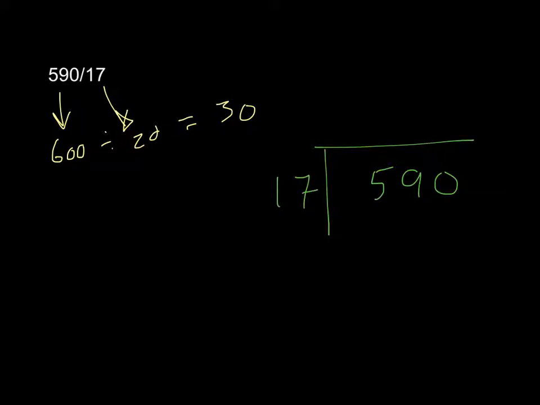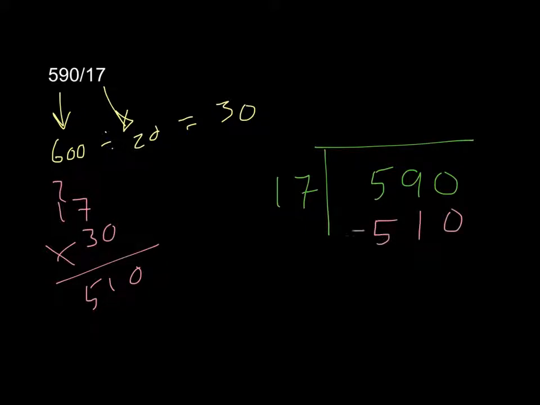Now, I'm going to do 17 times 30, which solves to be 510. And what I'm going to do here is go 510, and I'm going to write on the side that I already have 30.